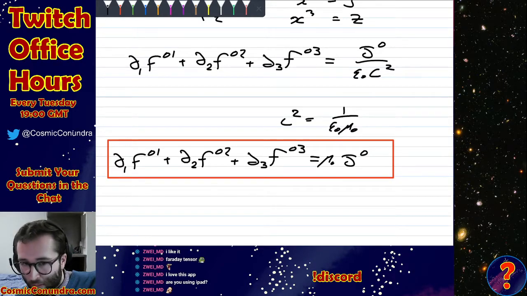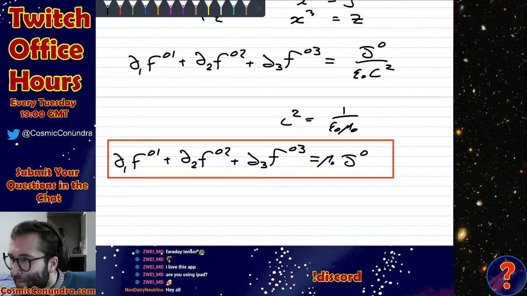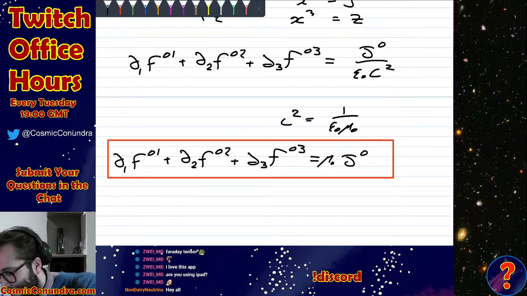So what we'll do next is write another Maxwell equation, and then we'll show that both of these equations are generalized by a covariant expression. I'm getting ahead of myself.